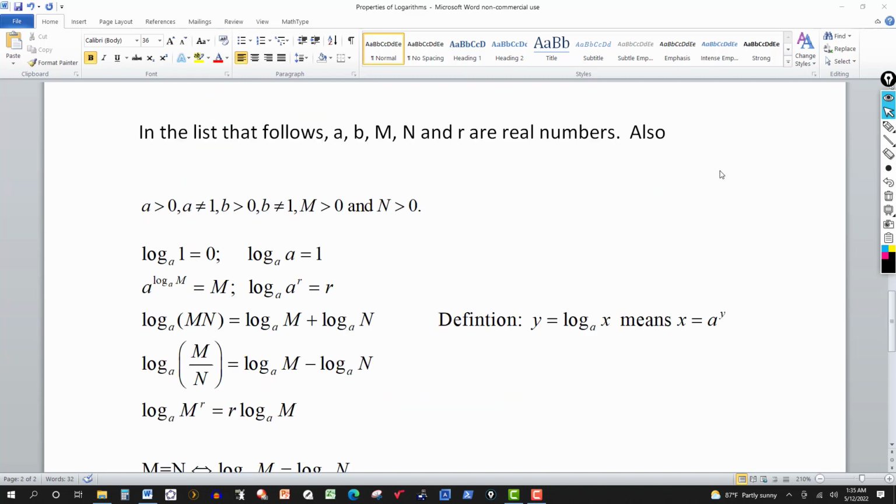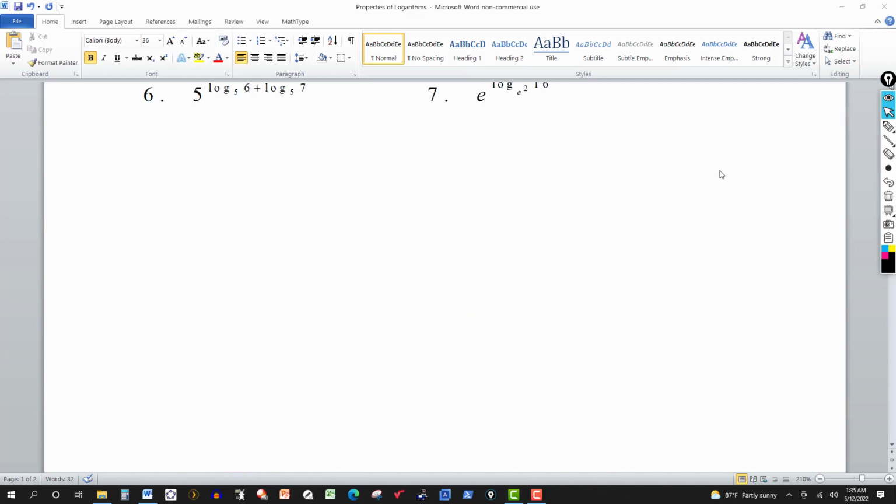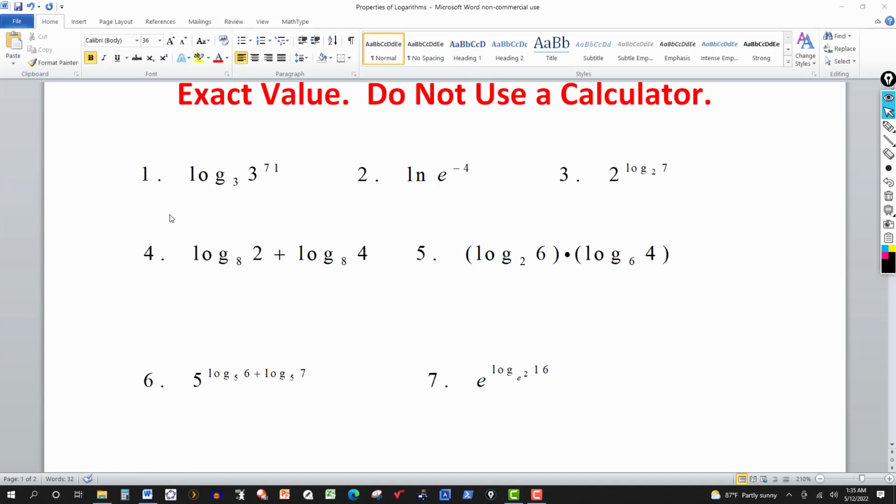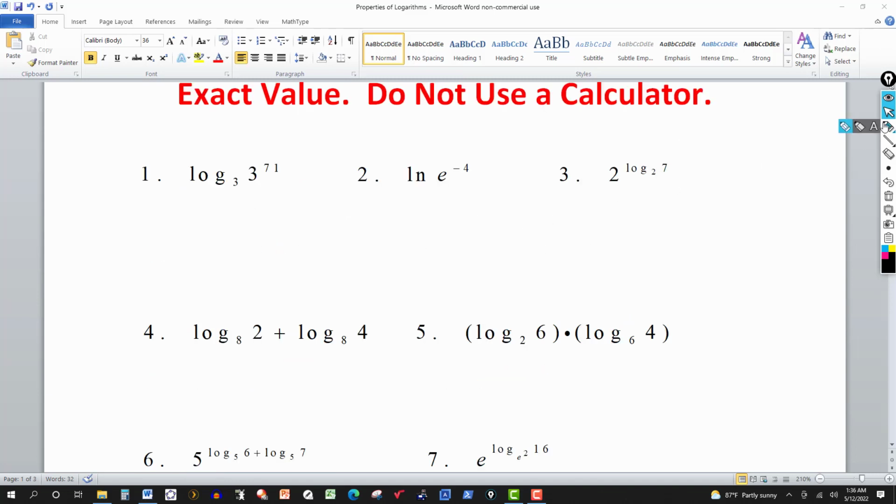If you already know them, then hopefully you already finished the problems. Let's go over here to this one and look at these. So the first one, the log of 3 to the 71 power to base 3. These are the same, so as we saw in the properties, that's just going to be whatever the exponent is.